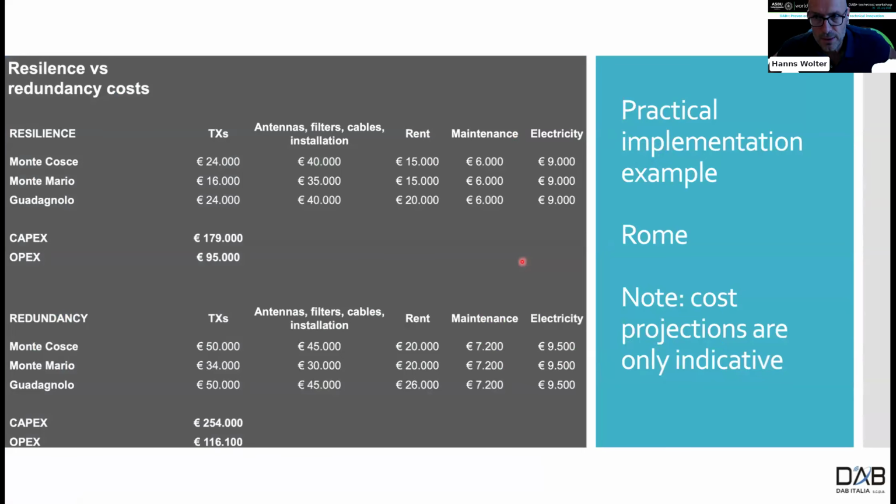And this brings us to an economic consideration for Rome, where, for example, I have two scenarios: a resilience scenario and a redundancy scenario. I have divided the costs into capital expenses, where you have the cost of transmitters, antennas, filters, cables, and installation.